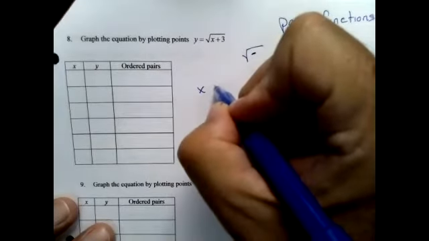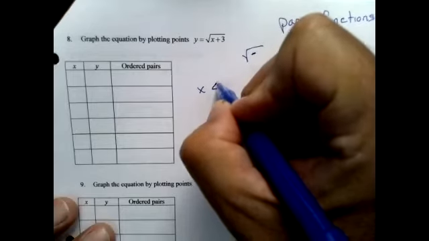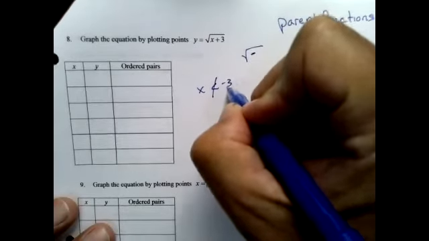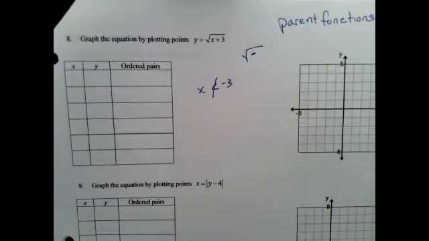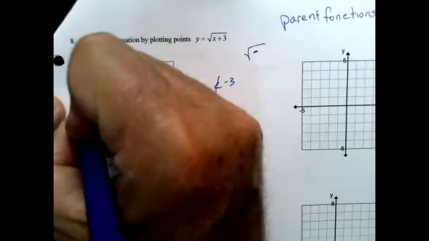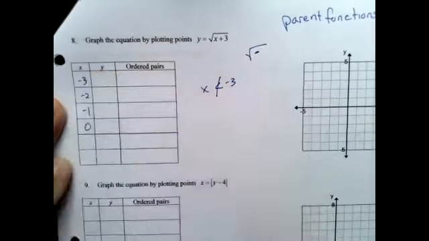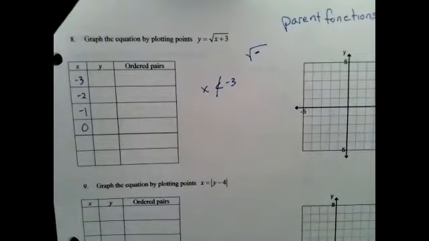X cannot be less than -3 because I get an error, I get imaginary stuff. So my ordered pairs this time, -3, -2, -1, 0. I'm going to put those in. And some of them are going to be nice and I'll keep them. And some of them won't.